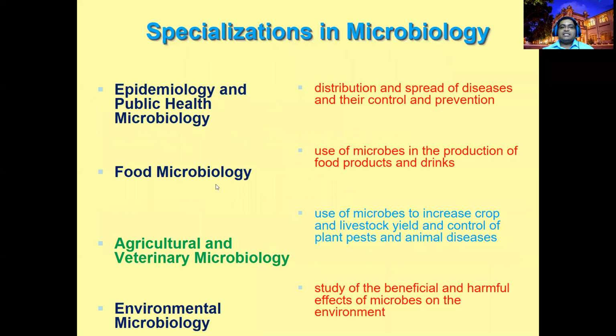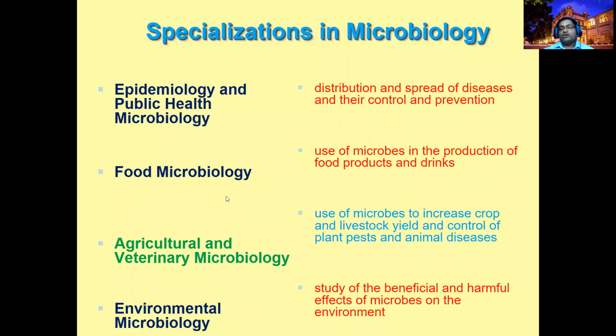As for specialization in microbiology, I told you there are different fields, such as agricultural and veterinary microbiology. If you are planning to do postgraduate studies and you have the basic agricultural degree, you can specialize in those sections and get postgraduate degrees.